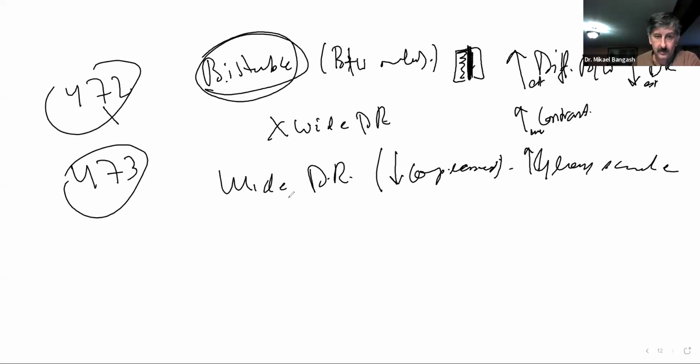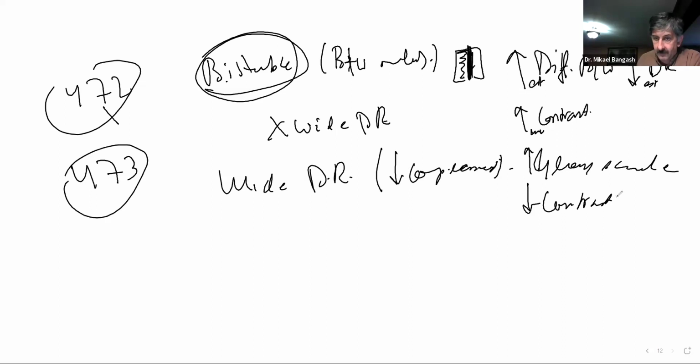We can also say, due to a wide dynamic range, a great grayscale, less contrast. So we need to see if there is anything in our list given below that doesn't match any of these terms here.